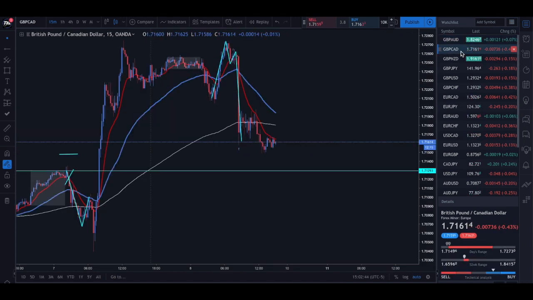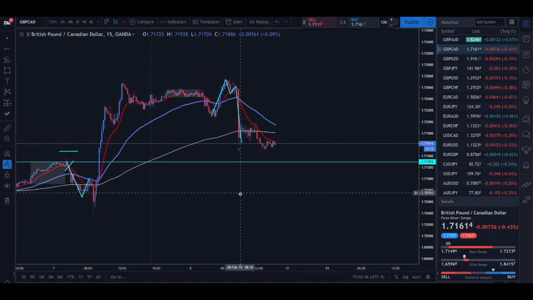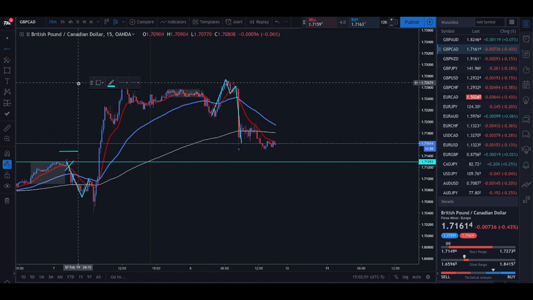Let's go to the next one, pound CAD. We had a very tight Asian range, but same thing. They made the false move and came back up. This time we got a type 1 setup.